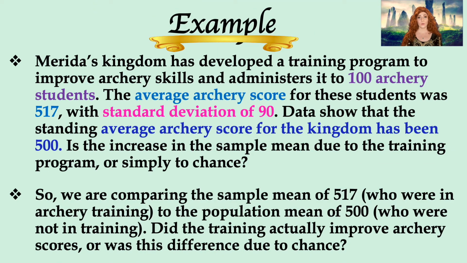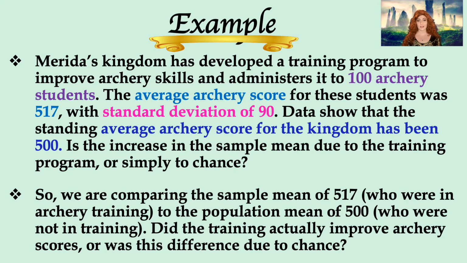In other words, we are comparing the sample mean of 517 who were in my archery training to the population mean that currently exists of 500 of those who were not in my training. So the question is, did my training actually improve archery scores, or was this difference due to coincidence or chance?